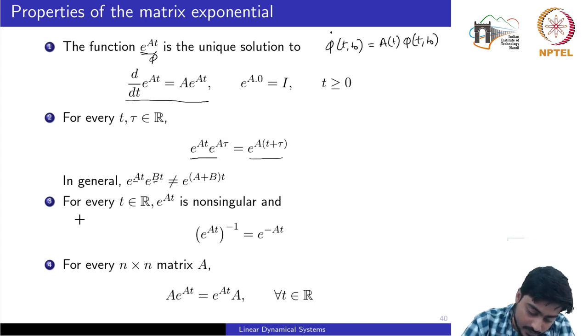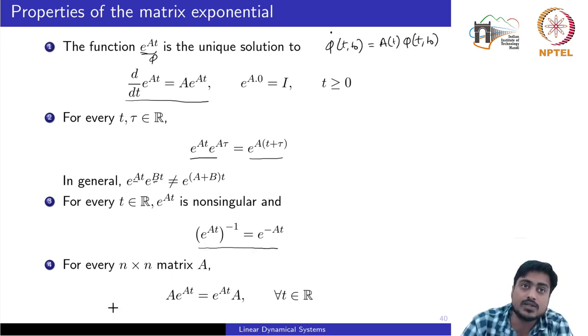Now the third property says that for every t belonging to the set of real numbers, e to the power At is non-singular, and it satisfies this part, that the inverse of the matrix exponential is given by the negative power of the matrix exponential.